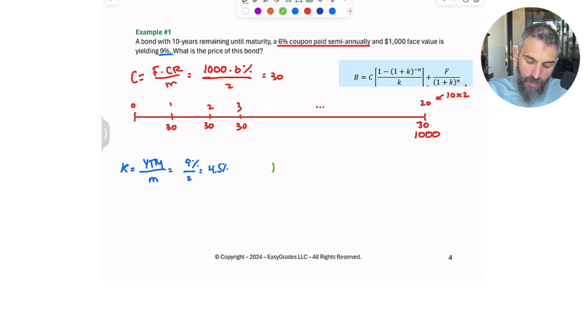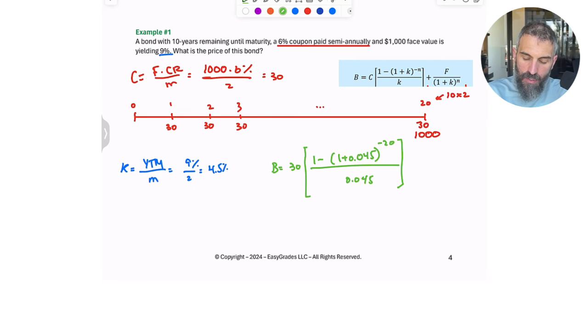So then if I follow the formula, it's the coupon, so 30, times 1 minus 1 plus K, so 0.045, to the N, which is negative 20 because there's 20 payments, divided by 0.045. Just like we did in the TVM chapter, guys. That part is just an ordinary annuity. Plus, we have to discount the face value.